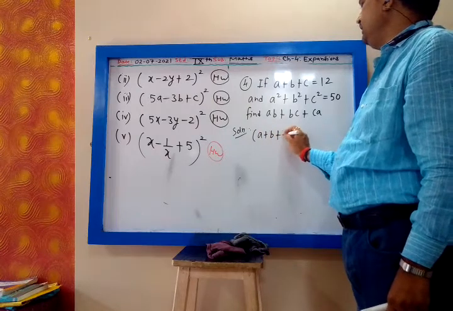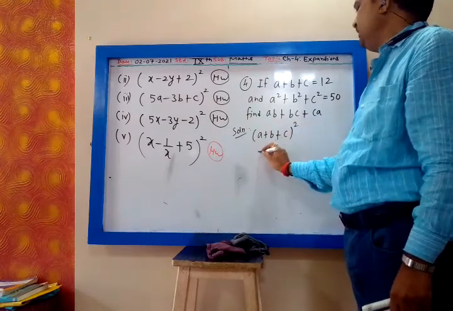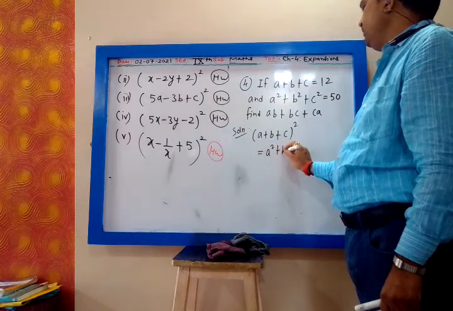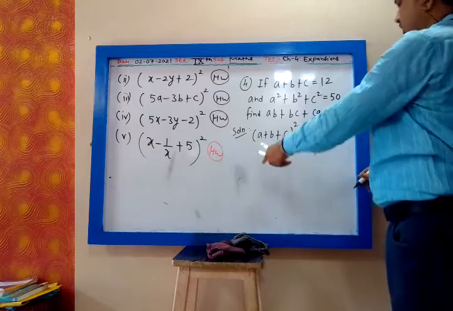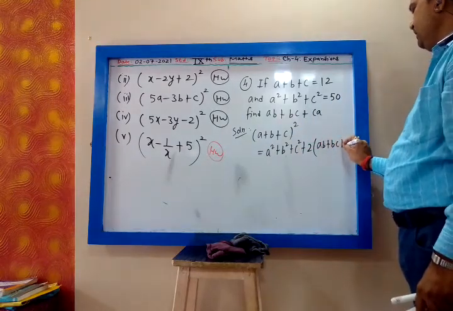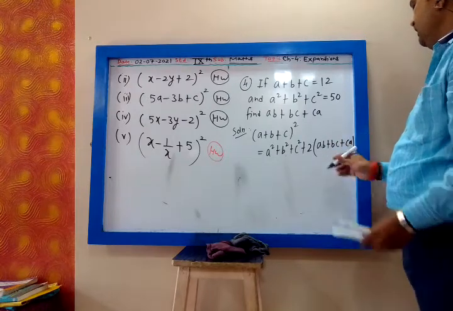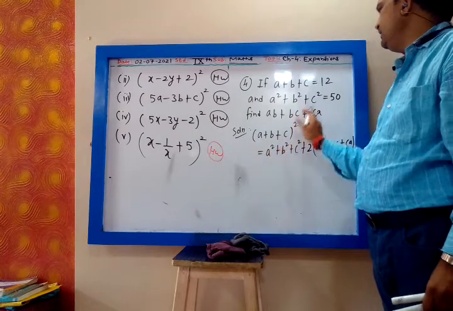A plus b plus c whole square. Formula we use. That is a square plus b square plus c square plus 2 times ab plus bc plus ca. Okay. Correct? Now this value is given. A plus b plus c is given. That is 12.